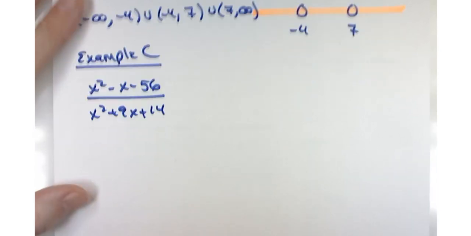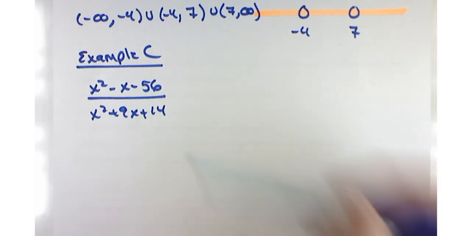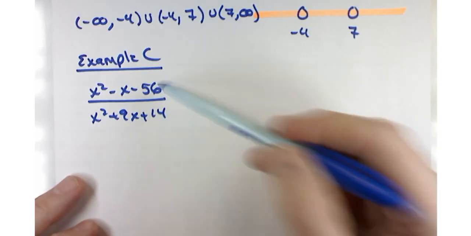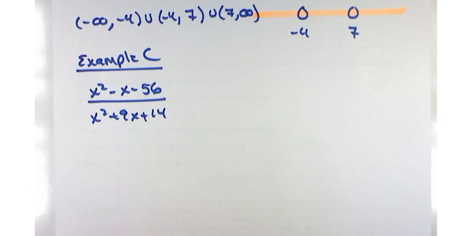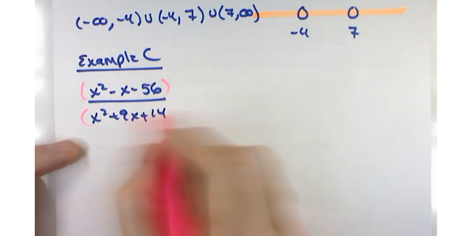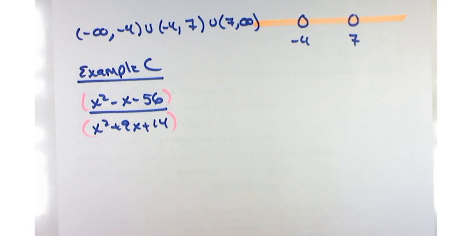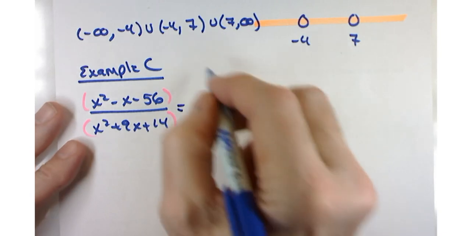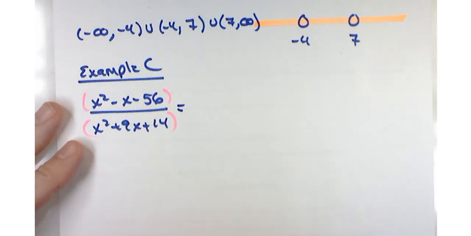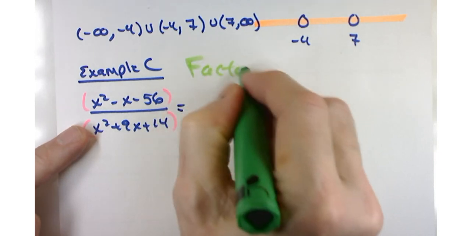Now, as tempting as it may be, you can't cancel out the x squareds. You can't cancel 7 into the 14 into the 56. These terms are kind of glued together. So I can't cancel into that parenthesis. I can cancel out entire sets of parentheses, but I can't cancel into that. So the trick is to factor this thing first. Factor first.